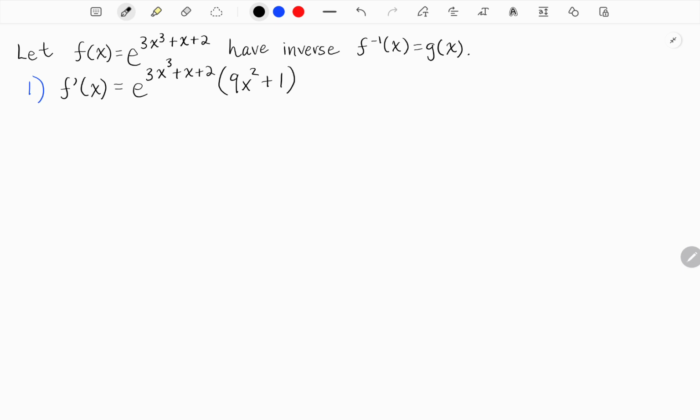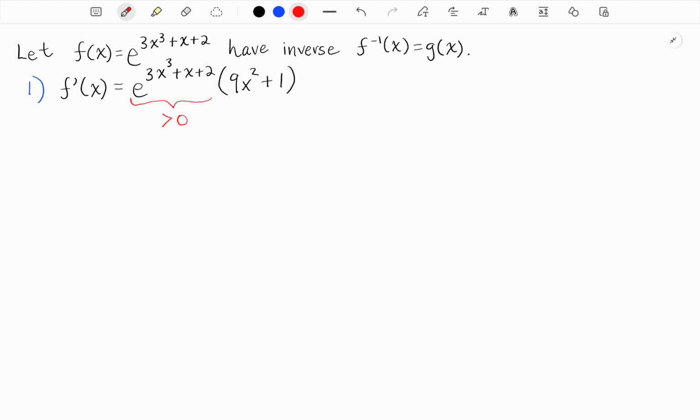Okay. Let's see. This e to the 3x cubed plus x plus 2 is always greater than 0, since the base is positive. Okay, it doesn't matter whether the exponent is negative or positive or 0. The e to the whatever is always positive.